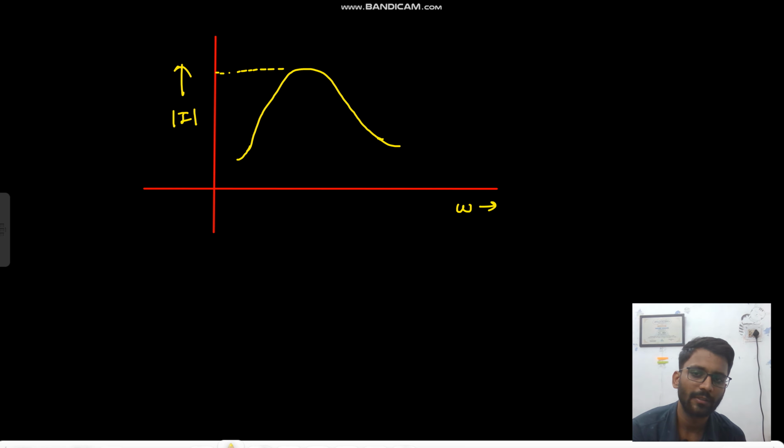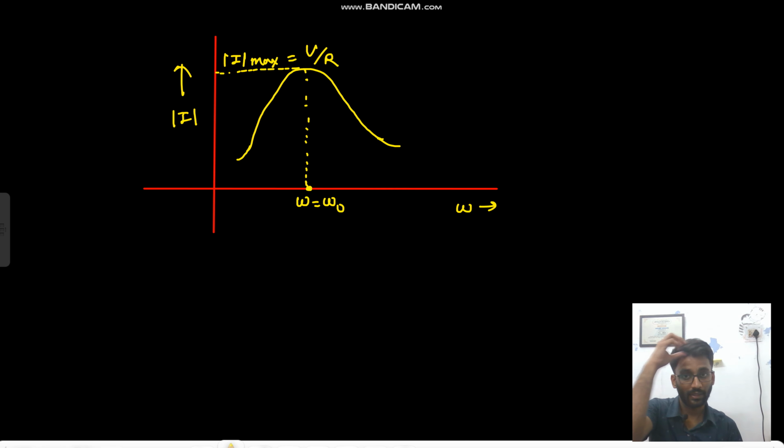So at resonance, omega equals omega naught. This will be I maximum, that is equal to V by R. Now what you see is the maximum frequency, right?